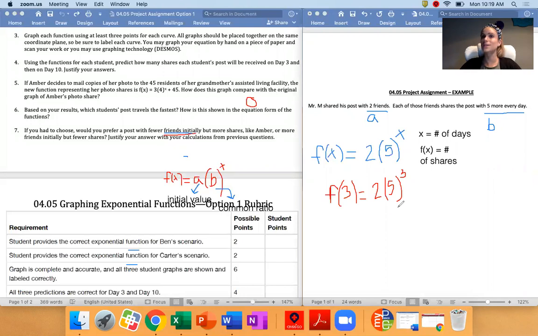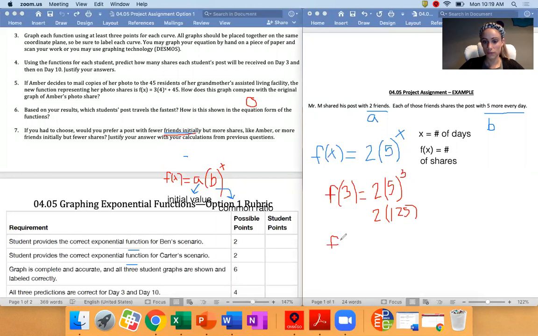Do I have an exponent? Yes. So that's where I need to start. And please remember that 5 to the power of 3 as an exponent is 5 times itself 3 times. So 5 times 5 times 5, which would be 125. So we have 2 times 125. Now I have multiplication.